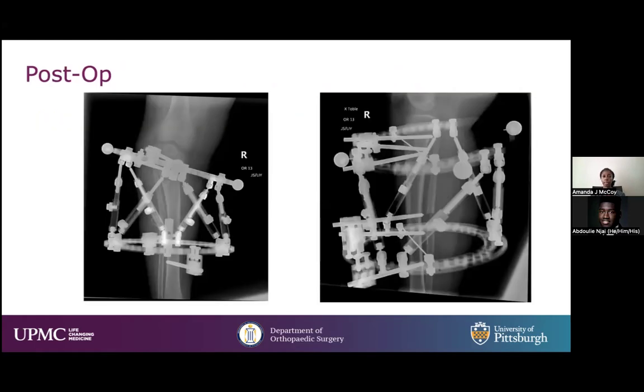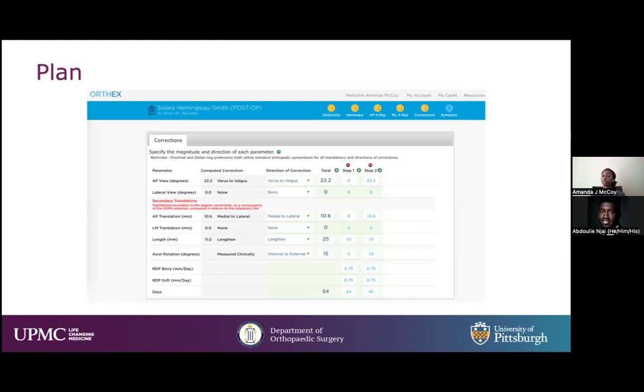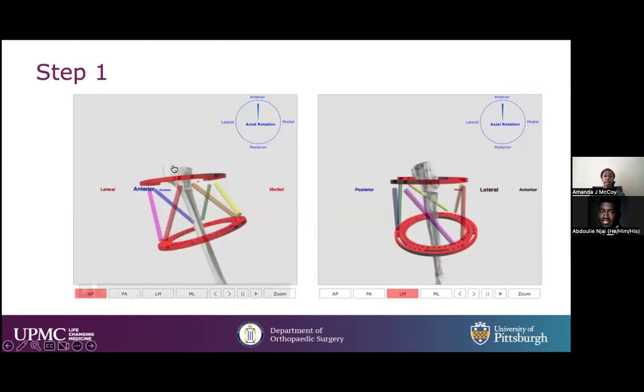And these are the initial post-op x-rays. Then I used the software programming to define the deformity, and the computer program shows us how we can expect the deformity to correct. I'm not sure if this is playing.